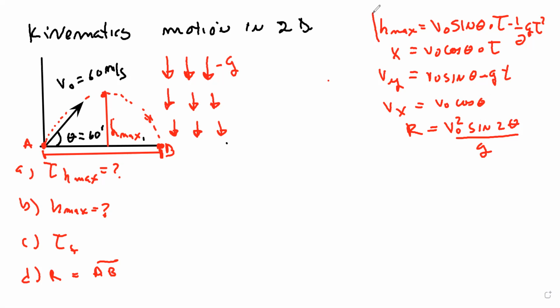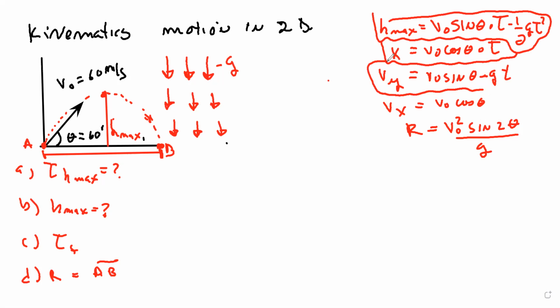We have this equation to calculate the maximum height, this equation to calculate the displacement in the X direction, this equation to calculate the velocity in the Y direction, this to calculate the velocity in the X direction, and this to calculate the range.